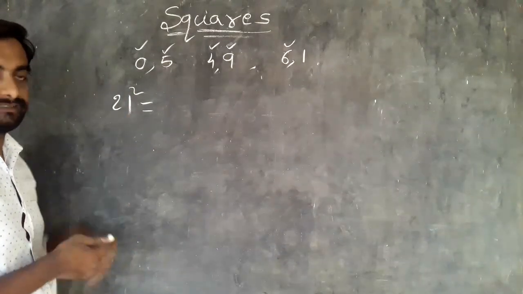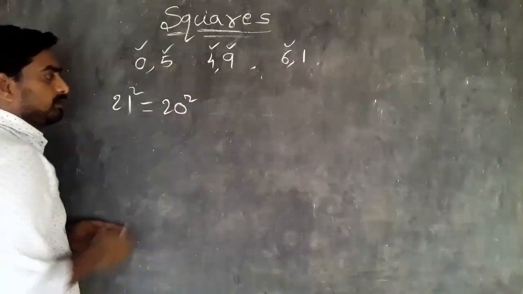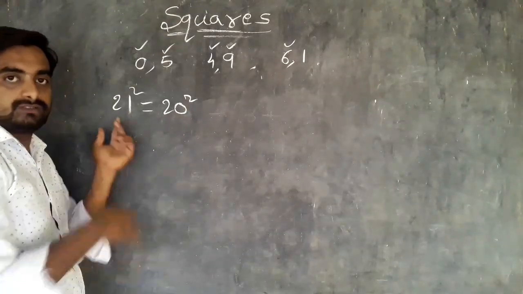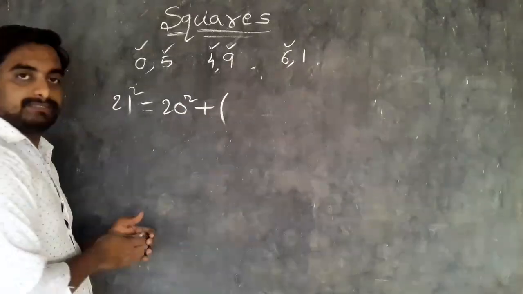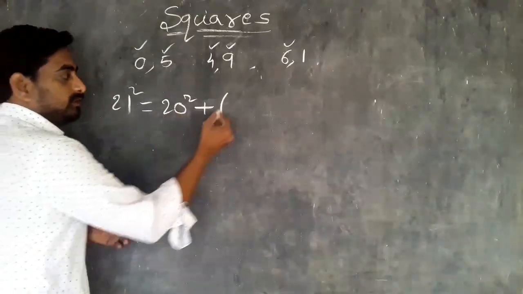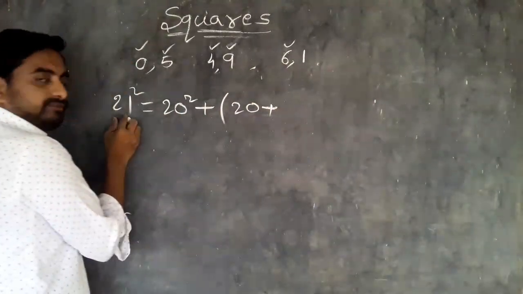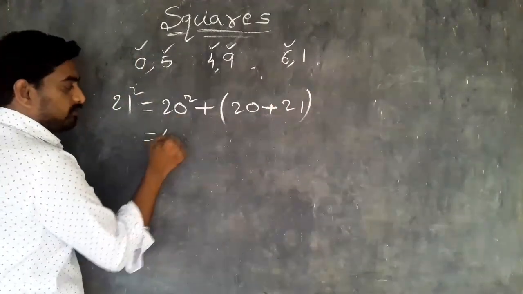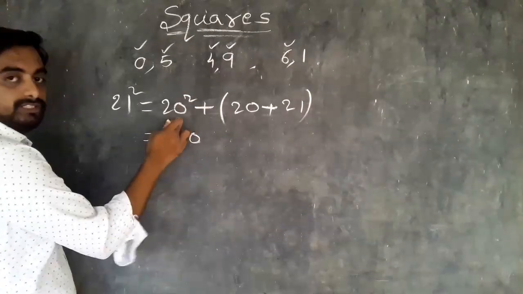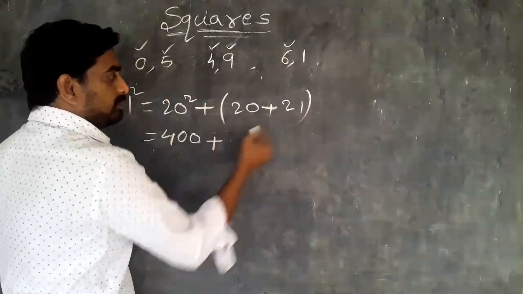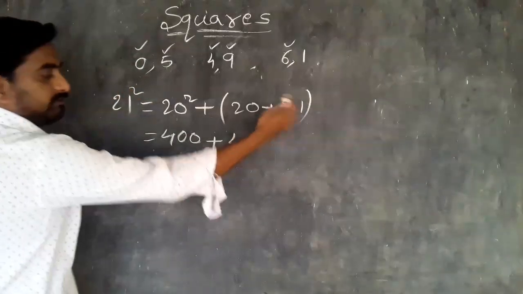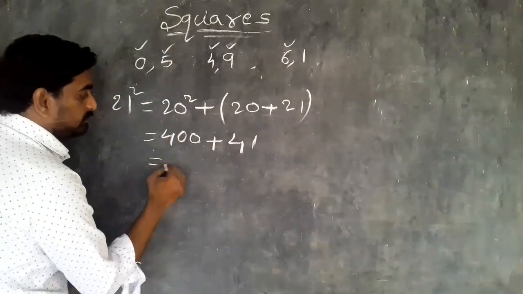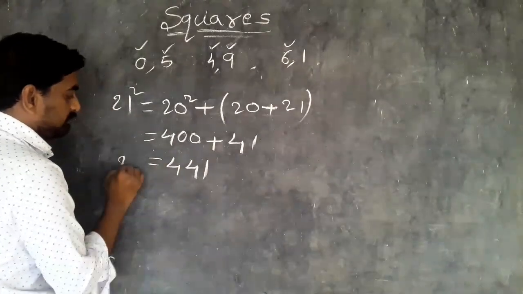The 0 ending number is near, that means 20 square. 20 is smaller than 21, so we add: 20 plus 21. So 20 square is 400, 2 square 4, 0 square 2 zeros, plus 20 plus 21, 41. So we add and finally we got 441. That means 21 square.